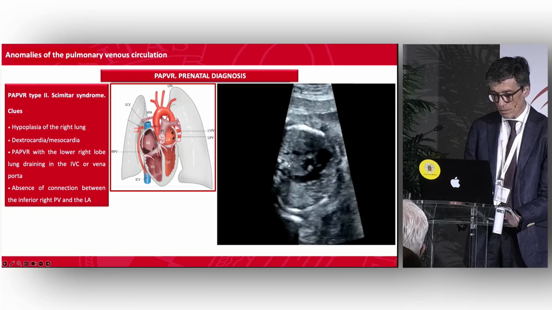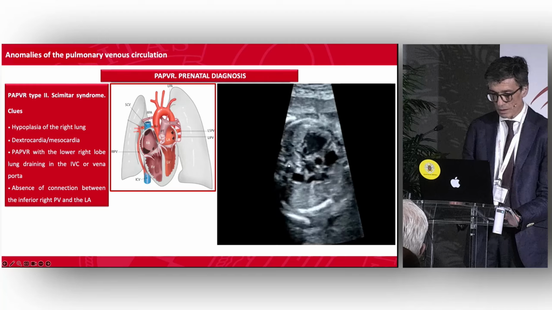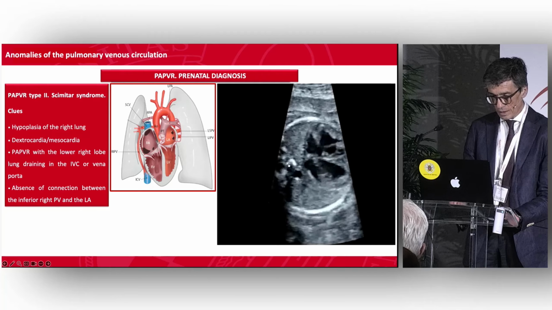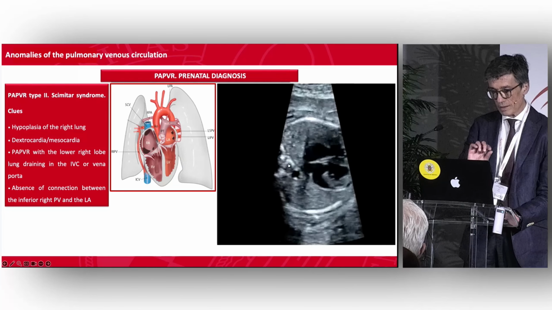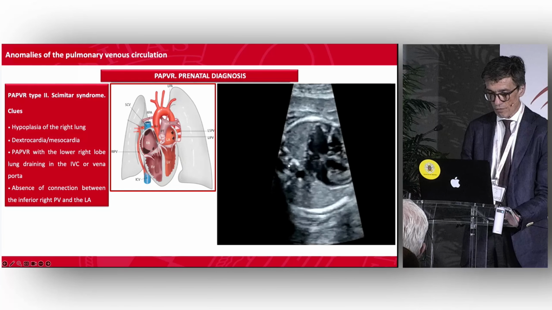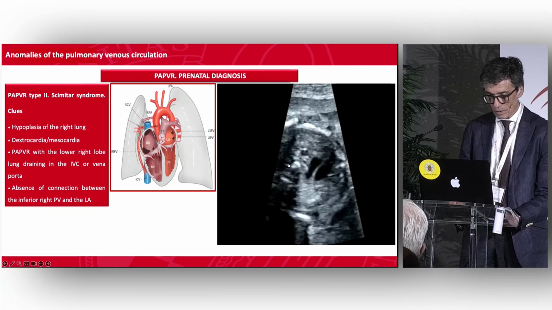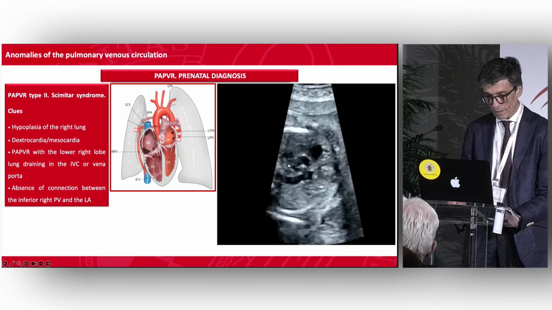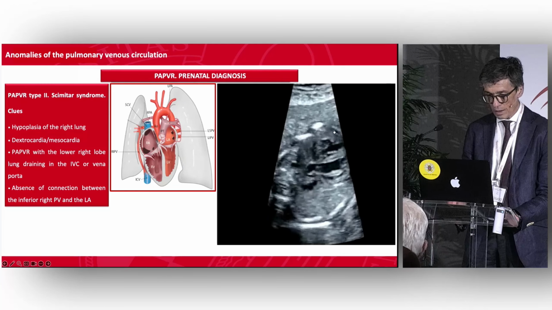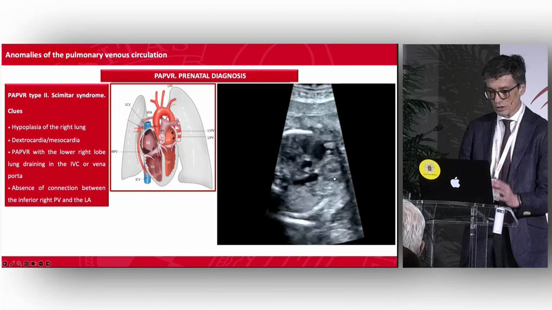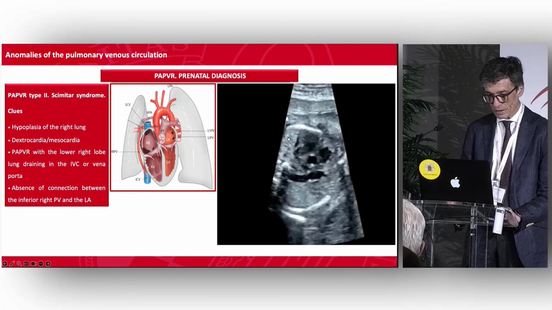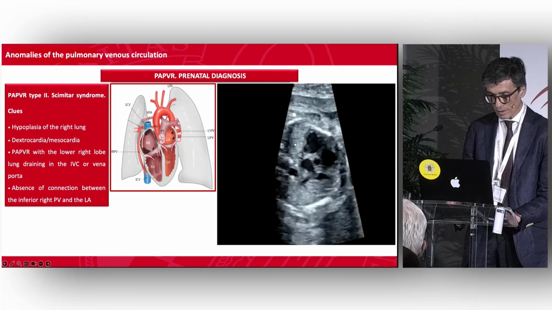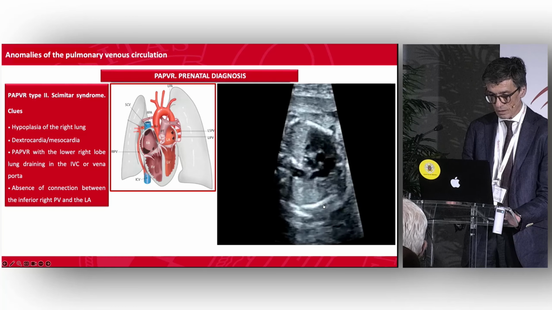There are no pulmonary veins from the right side connecting with the left atria, and we have to look for where they are, and more often they are crossing the diaphragm and connecting with some abdominal veins, usually the inferior vena cava. The heart looks enlarged because there is less space occupied by the fetal lung, and that's why the heart appears larger than normal.